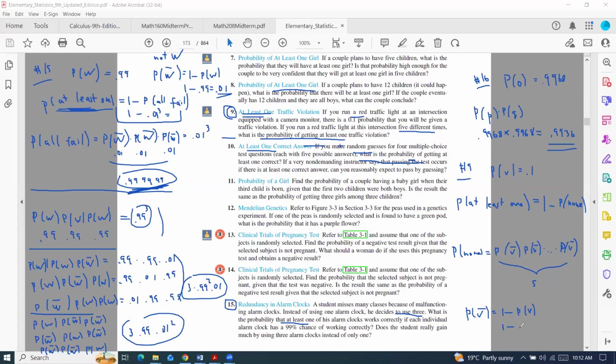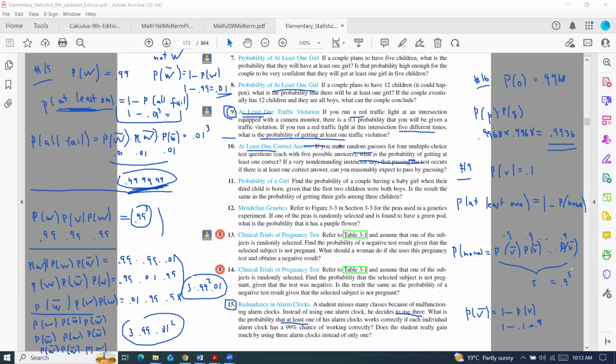So from 1, I need to subtract 0.1 and end up with 0.9. So there will be 0.9 here, 0.9 here, dot, dot, 5 times 0.9. So this is 0.9 to the power of 5.